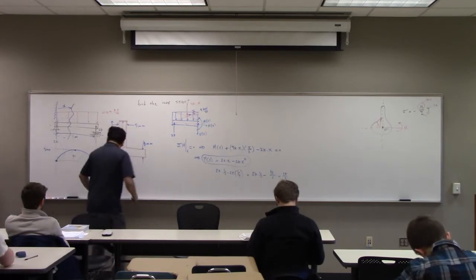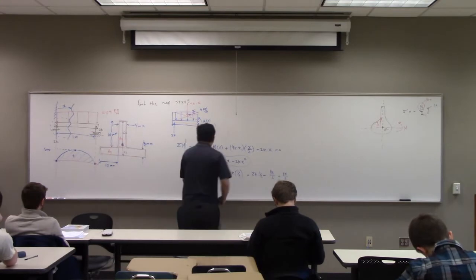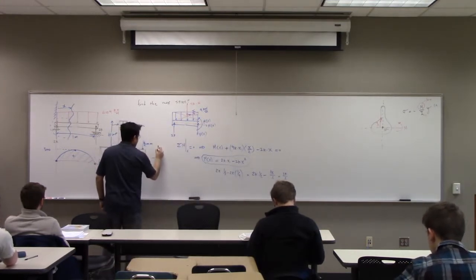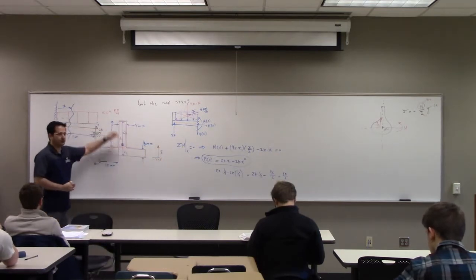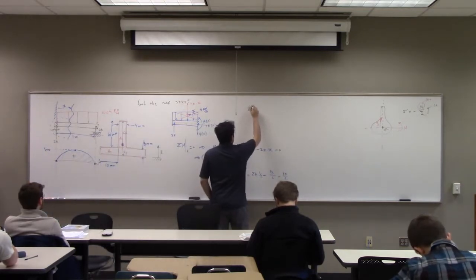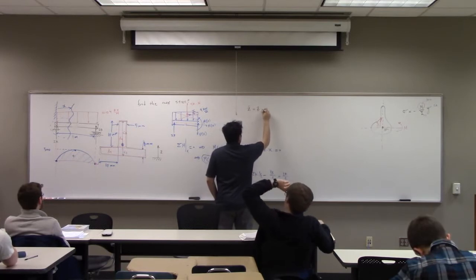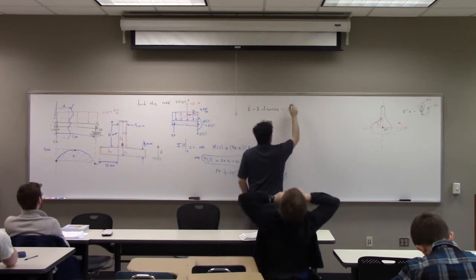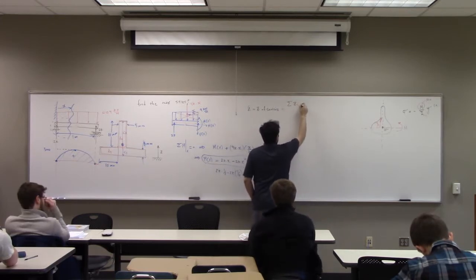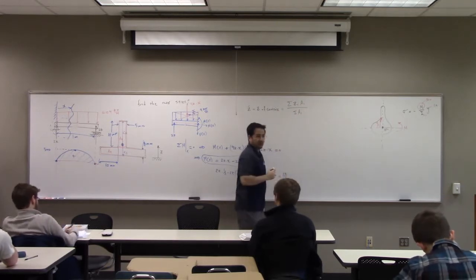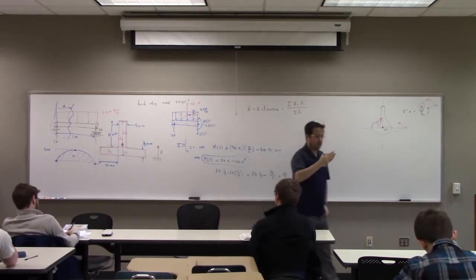First, the centroid calculation. Take your Z from the bottom as the reference; you can also take it from the top. So I write Z bar, the Z of the centroid, is equal to the summation of Zi Ai divided by the summation of Ai, where i is from 1 to 2.